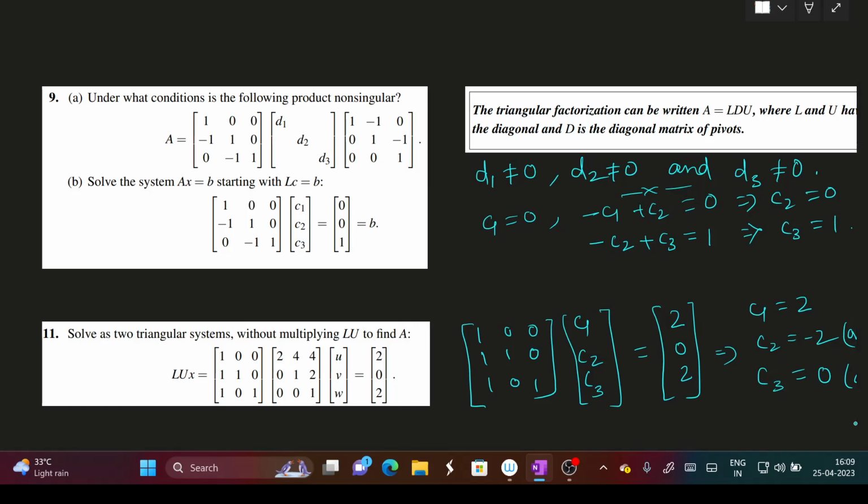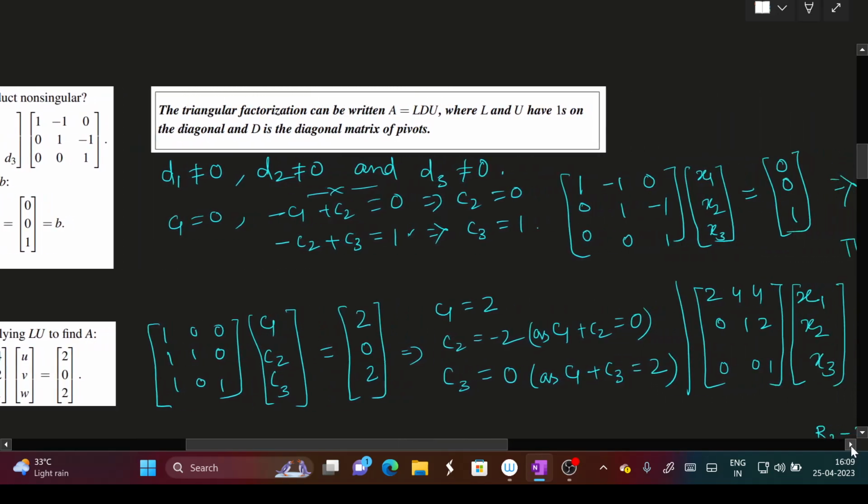From which directly we get C1 = 0. Then minus C1 plus C2 is equal to 0, so C2 is also 0. And minus C2 plus C3 is equal to 1, which implies C3 is equal to 1.